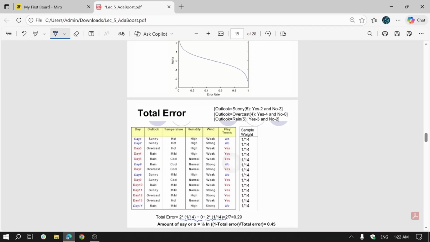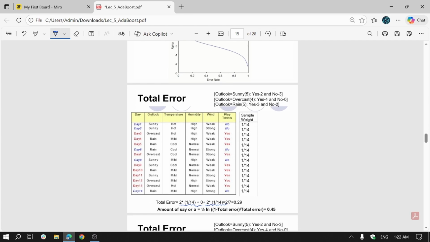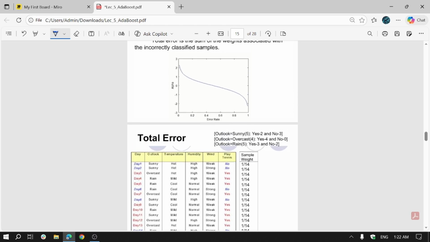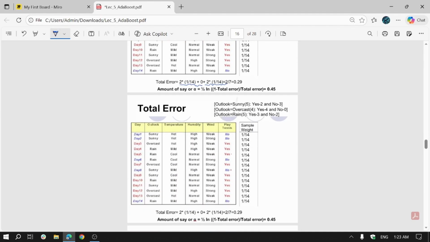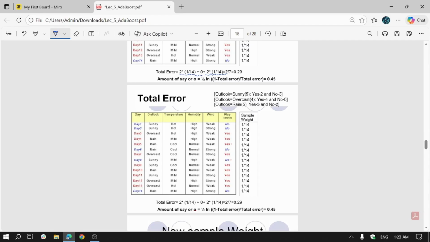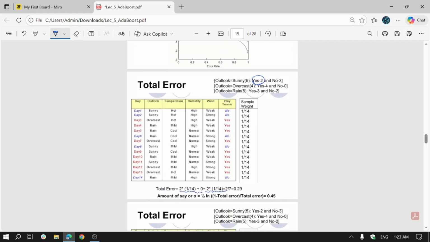For Outlook Sunny, misclassified is yes. Let's find out the yes values. Outlook Sunny, yes.